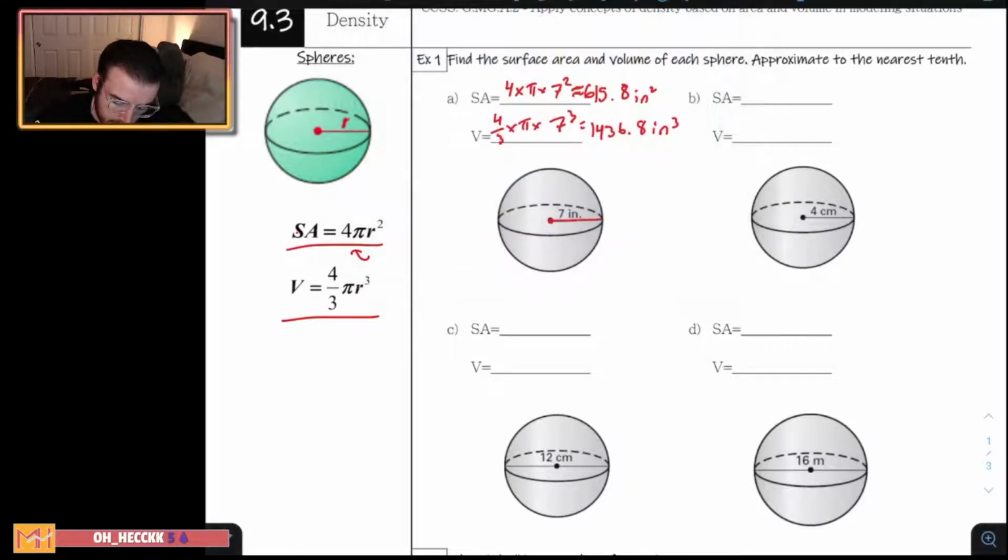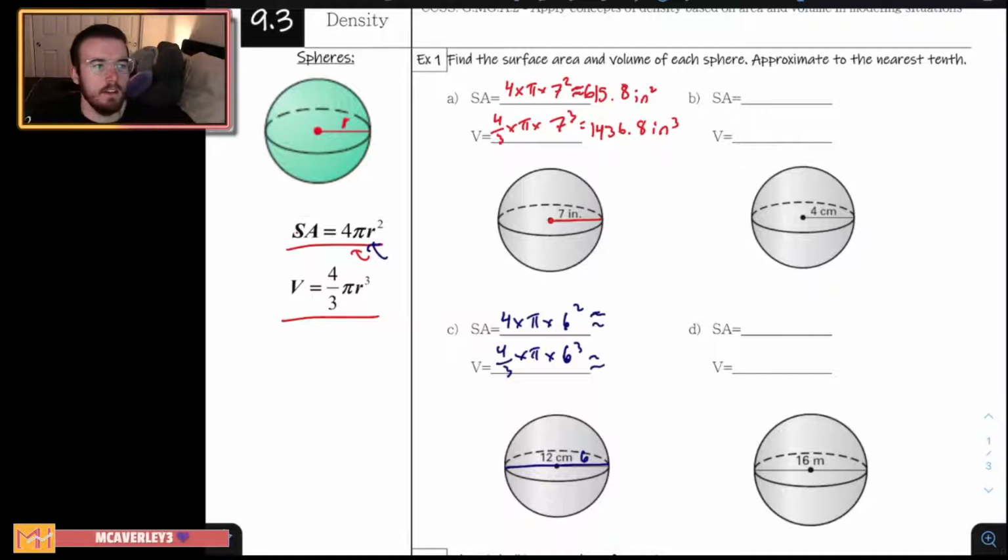Let's do it one more time here, the one below. You can see here that it's given us the diameter, so our radius is going to be 6 this time around, but everything else is going to stay the same. When I plug it into my formula, I'm squaring my radius, and when I plug it into this formula, I am cubing my radius. And when I plug each of these into the calculator, 6 squared is 36.